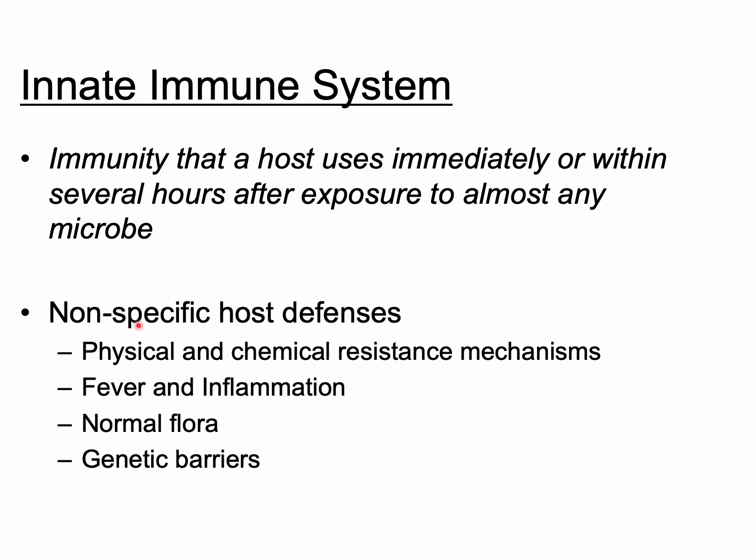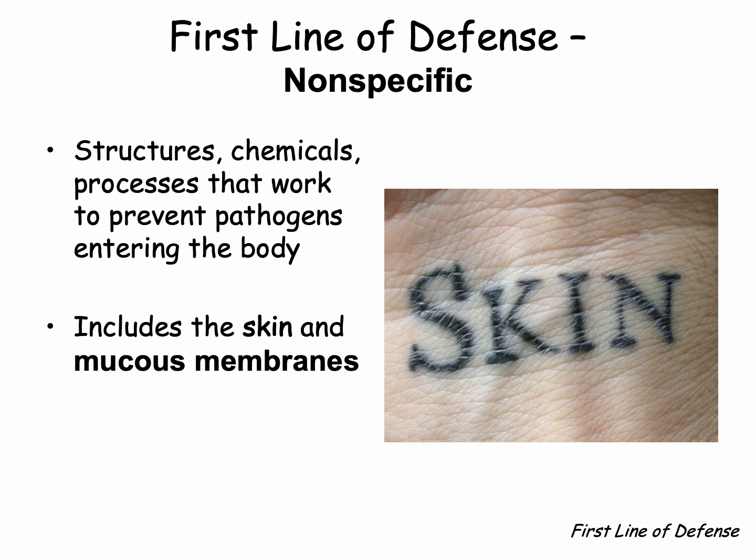We'll talk about different types of non-specific host defenses that you have, like the physical and chemical barriers, fever and inflammation, our normal flora, and genetic barriers. So these are all examples of non-specific host defenses that are part of the innate immune system. The innate immune system includes both the first and second lines of defense, and we're starting with the first line of defense.